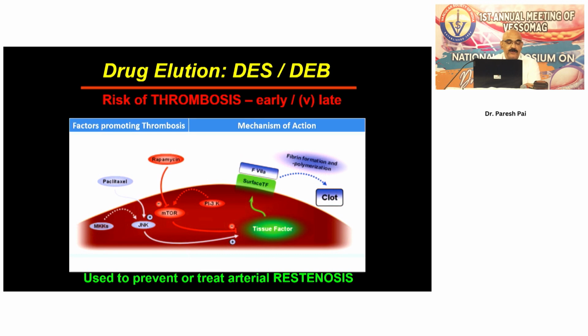This is a picture which shows Paclitaxel stimulates JNK, which is important because that stimulates tissue factor, and rapamycin inhibits mTOR, which is important for inhibition of tissue factor, but because that gets suppressed, the surface tissue factors get exposed and the clot formation is there.